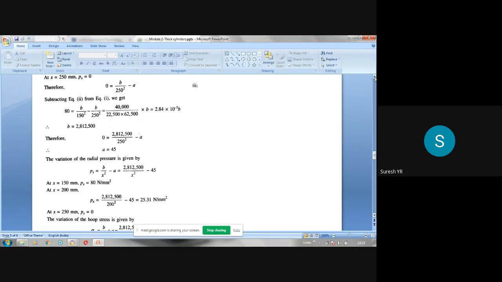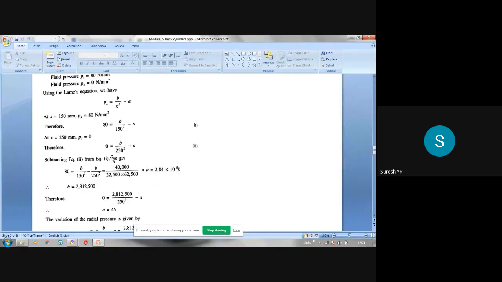If there is no external pressure given, Po should be taken as 0, which is there in this problem. If they give the value, then you have to take that value, solve the two equations to find out the unknowns a and b. Once you know the values of a and b, substitute back those values in the Lami's equations to get the expressions for px and sigma x.